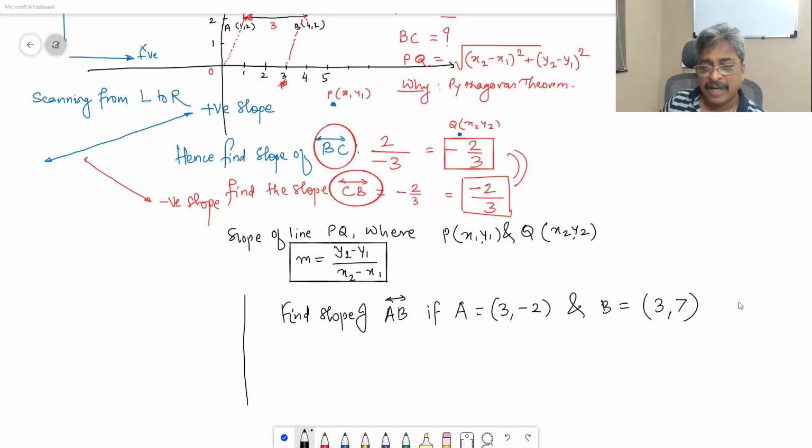You will find that y2 minus y1 is 7 minus -2, which is 9, upon 3 minus 3, which is 0. Therefore, the situation becomes 9 upon 0, a finite number upon 0. This in mathematics is illegal and hence called undefined.